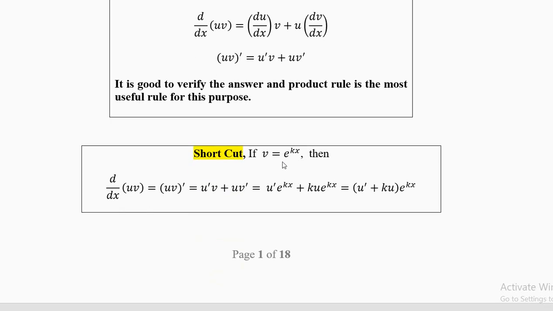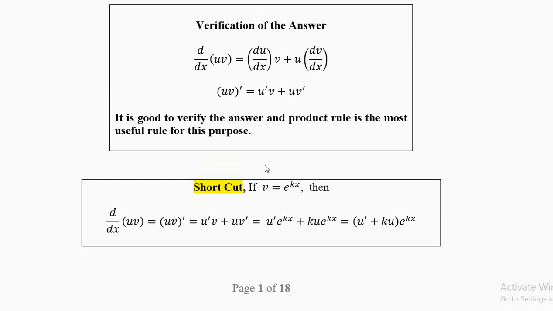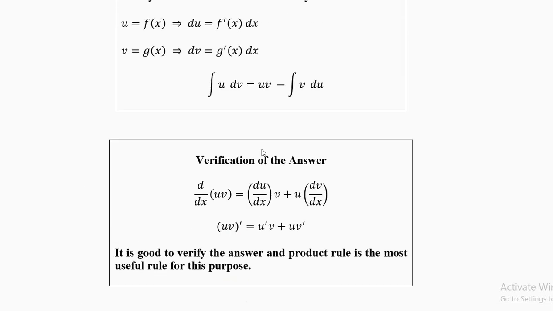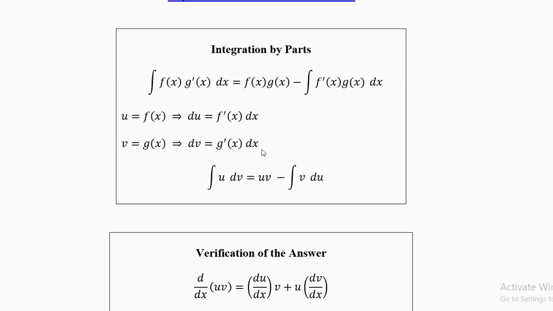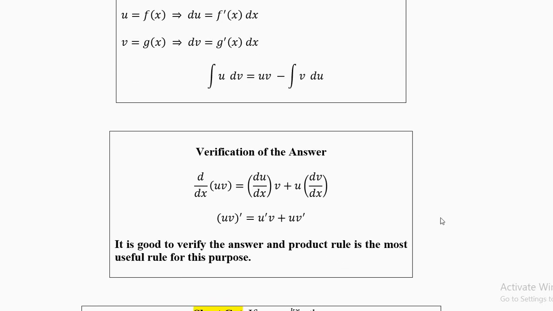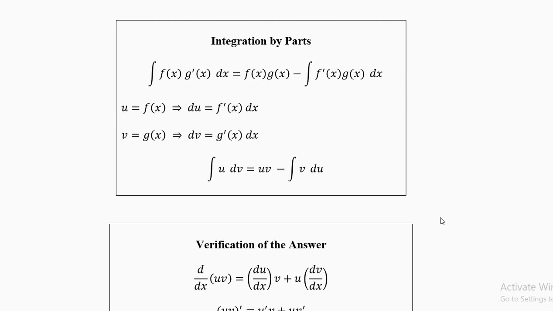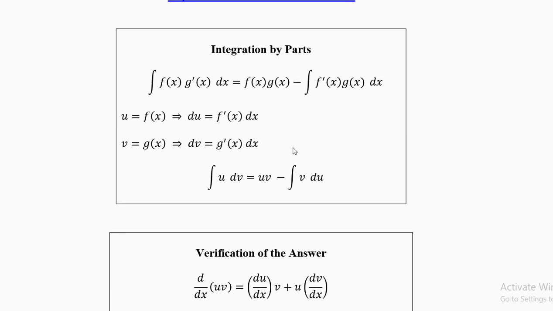And if v is equal to e power kx, then you can use this shortcut for verification of your answer: uv whole prime will be (u prime plus ku) times e power kx. You don't have to worry much about the shortcut. We'll be verifying it without the shortcut almost all the time, but the smarter students can learn the shortcut and save time. So here we'll be focusing on integration by parts.